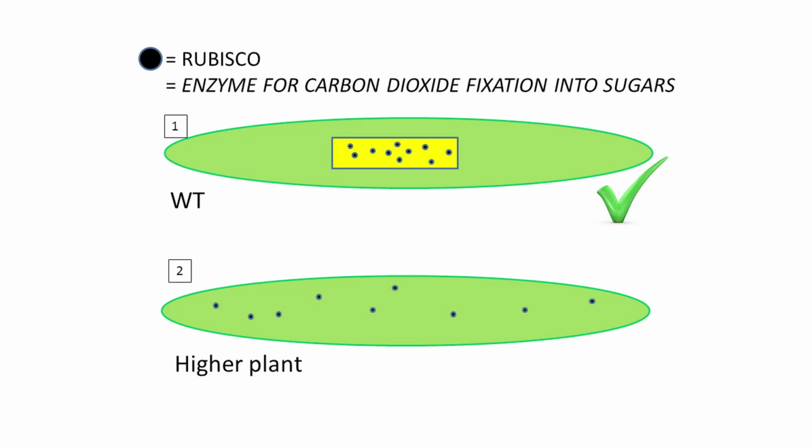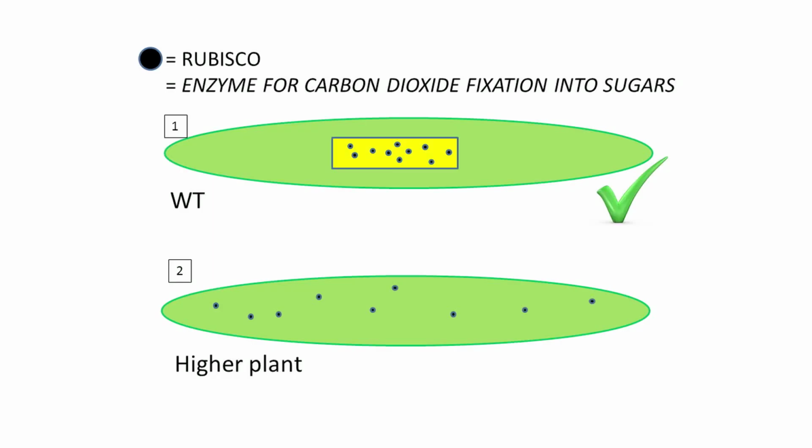Number 1 is a wild type, and it has a pyrenoid with highly concentrated Rubisco. In water, carbon dioxide diffuses easily, and the pyrenoid helps to accumulate carbon dioxide made from bicarbonate. That's why it's more efficient.